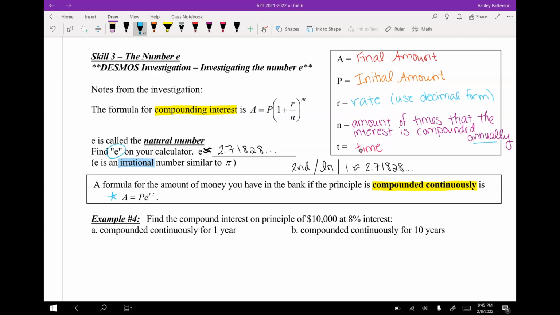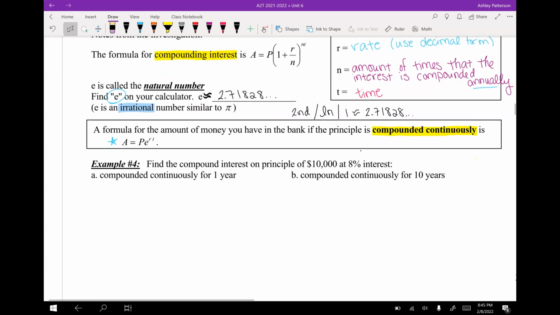So if the problem says that it's compounded monthly, how many months are in a year? 12. So n would be 12. If it's compounded quarterly, there's 4 quarters in a year. So the n would be 4. If it's daily, which is weird, it would be 365. So really be familiar with the different possibilities. Let's take a look at example number 4.